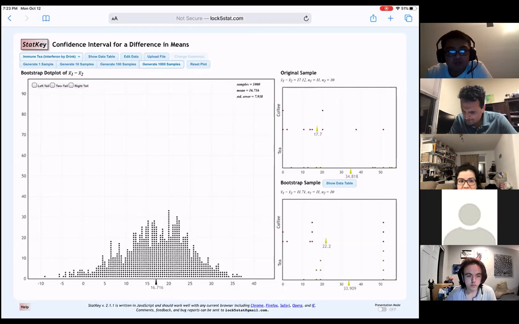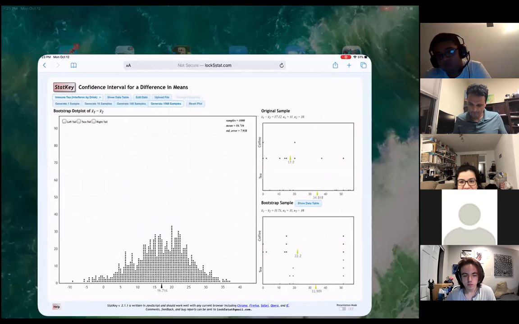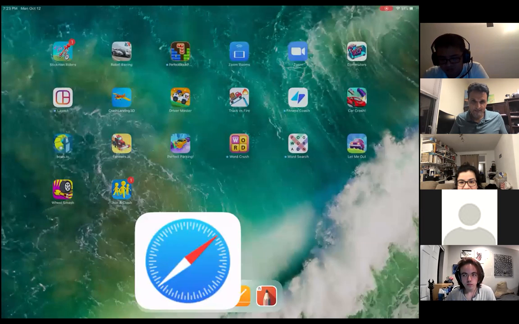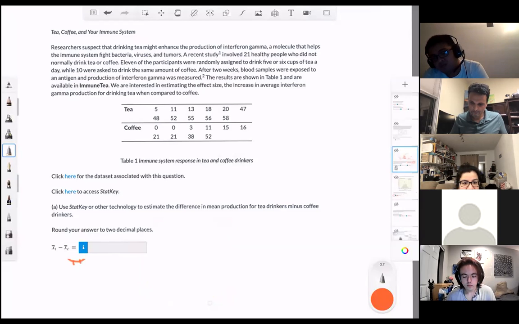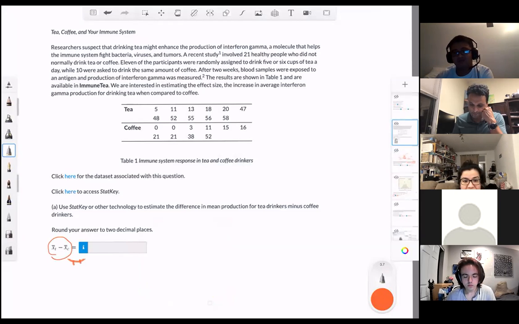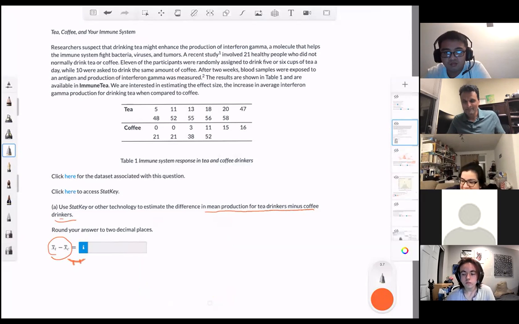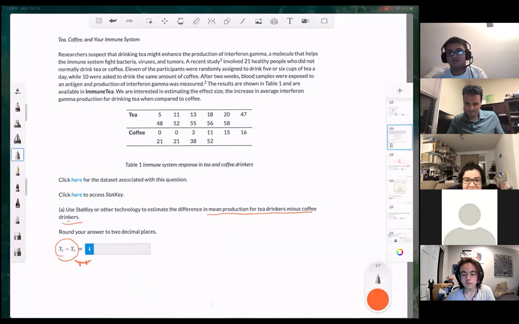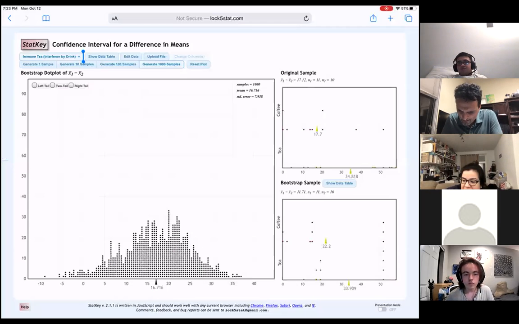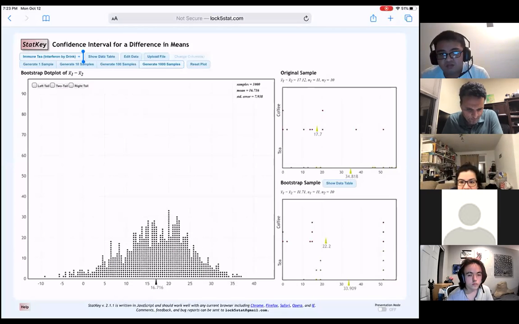They ask us to estimate the difference in mean production for tea drinkers minus coffee drinkers. So tea drinkers minus coffee. Okay, so we have to make sure what is x2, what is x1.